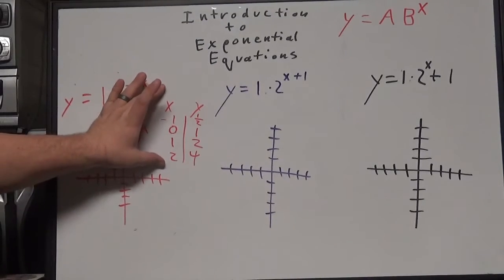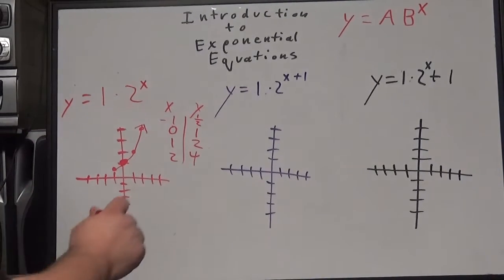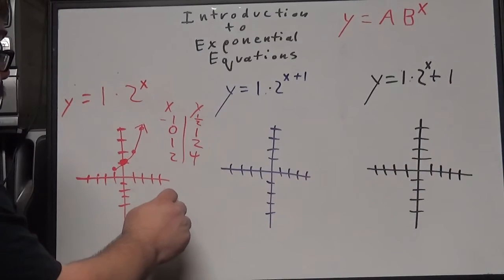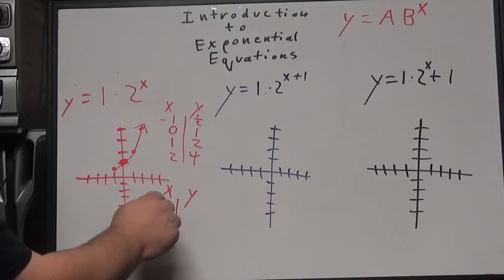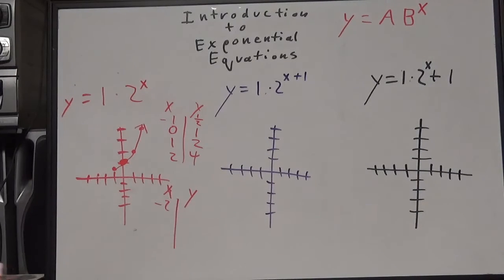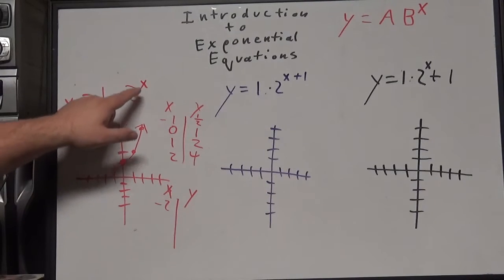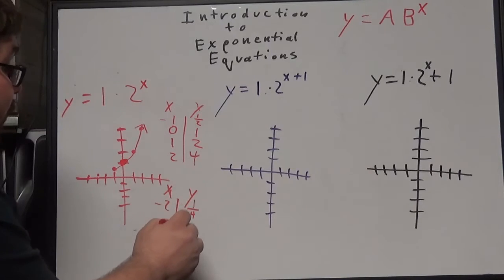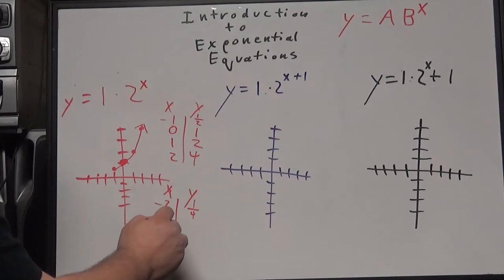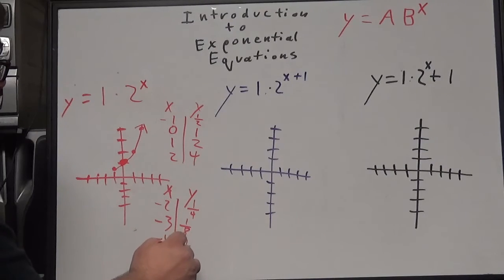Now, I'm going to keep this here, but underneath it, I'm going to draw a few more x's and y's. I'm going to go back past -1, I'm going to put -2. Now, if we put in a calculator 1 times 2 to the power of -2, we get 1/4. -3 would give us 1/8. -4 would give us 1/16.